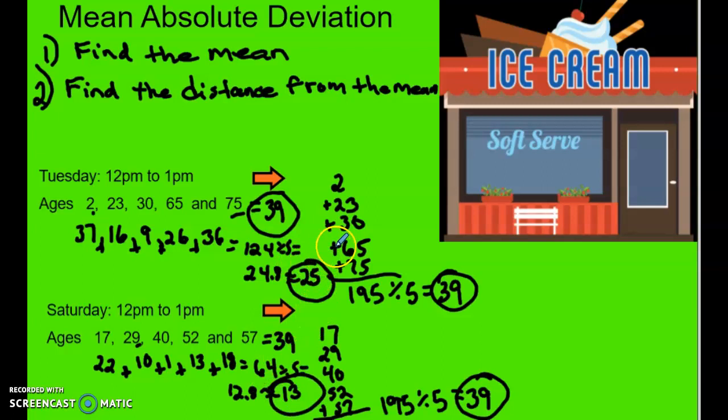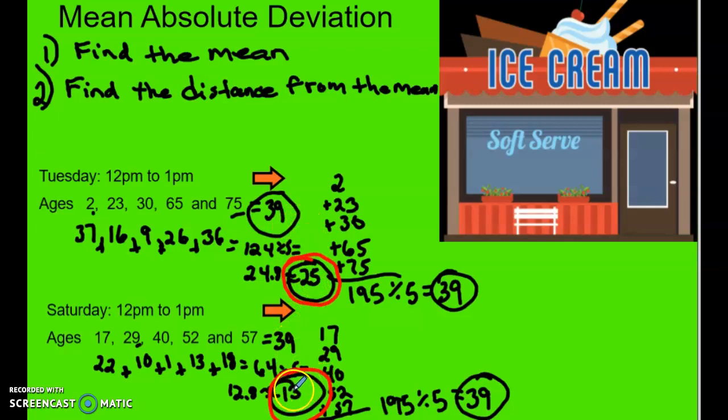So now look at the differences here. I'm going to highlight these with red. This is the mean absolute deviation of the lists. We've got 25 and we've got 13. That's a big difference, and that's something a store owner would want to see and use, because he realizes that on Tuesday, 25 was a larger spread, while 13 was much closer to the 39 mean.